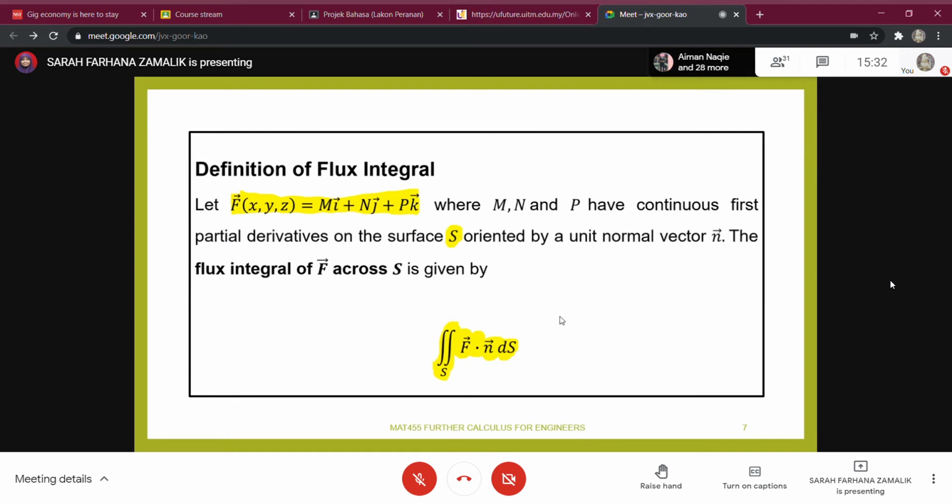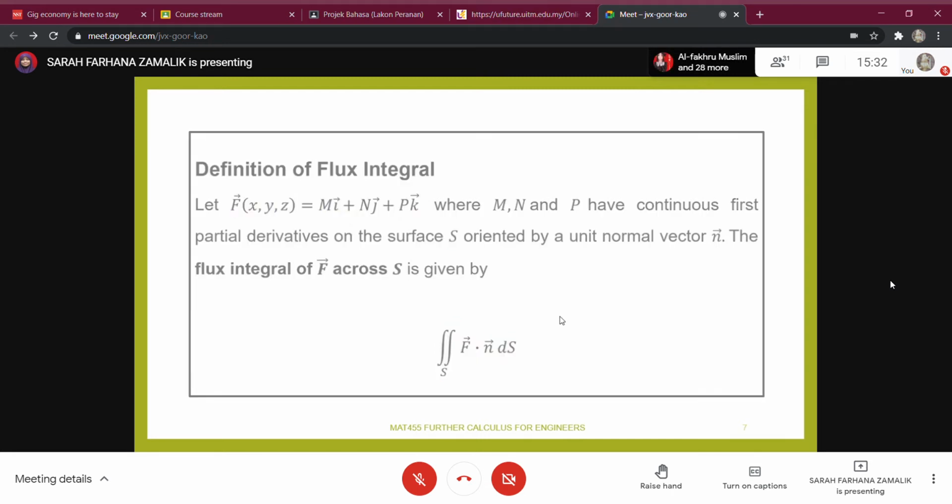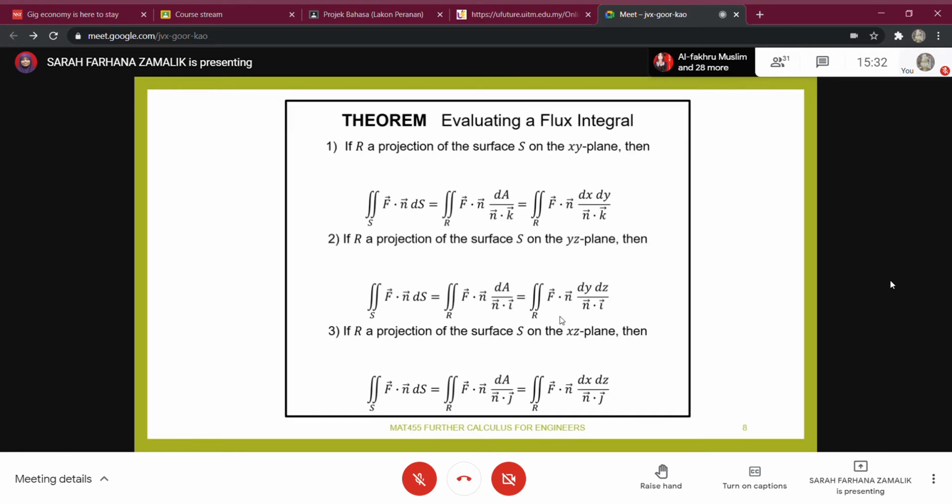Sebab ini double integral. If you are given solid here and then you want to have your projection dekat mana. So that you can evaluate by using double integral. So these are some of how to evaluate a flux integral tadi. So ni extended sikit. Okay, from your double integral vector field F dot product with unit normal N dS.